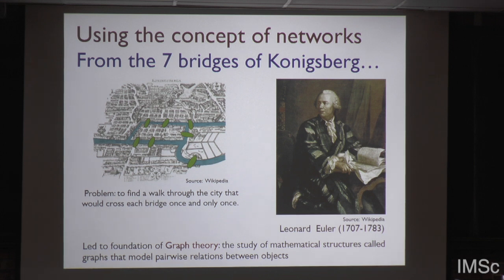Königsberg, which is now known as Kaliningrad, was a city in Prussia. At that point in time, there were 7 bridges across the river flowing through the city, and a very common mathematical entertainment puzzle was the question: is it possible to find a walk that will cross the bridges once and only once, but go through all of them?